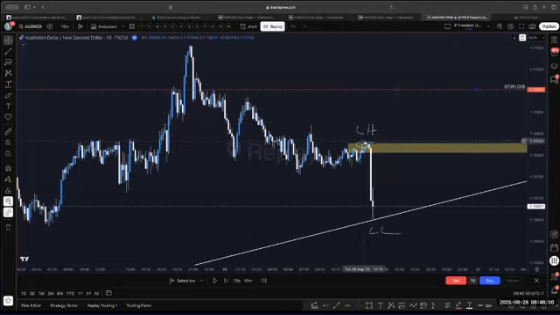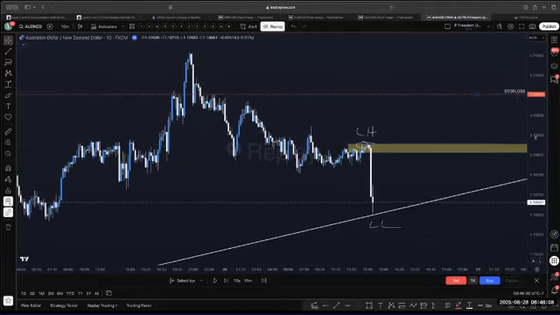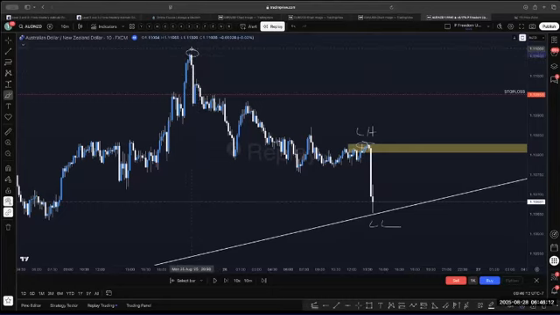The way that you have to do this is you have to first acknowledge the structure and look for the high. So, for instance, we have a high here, we have a high here, we have a high here, and allegedly, we have a high here, okay?